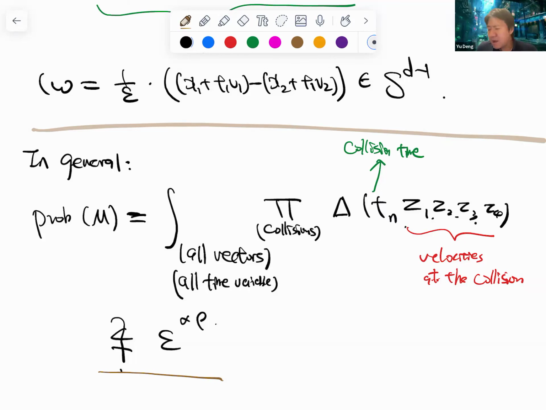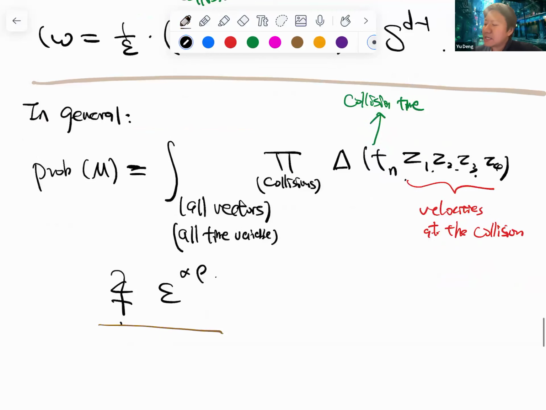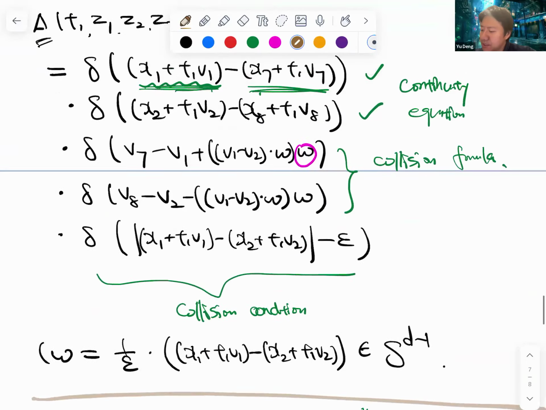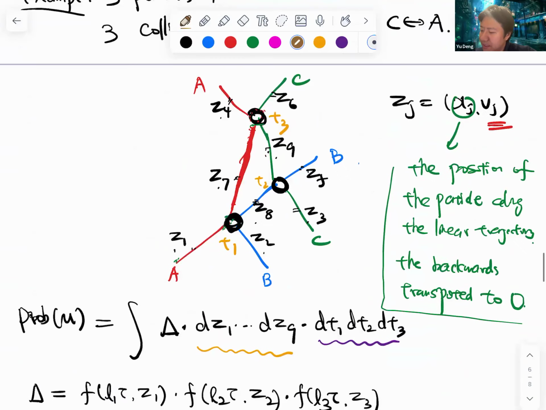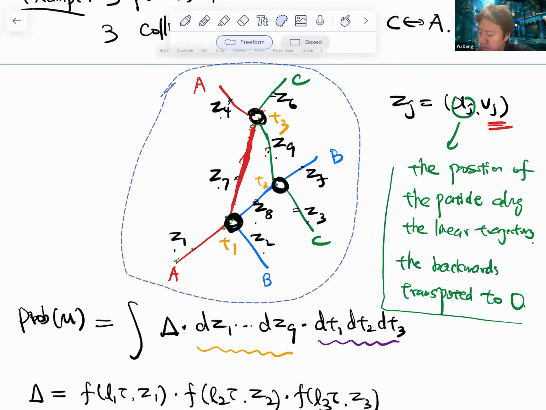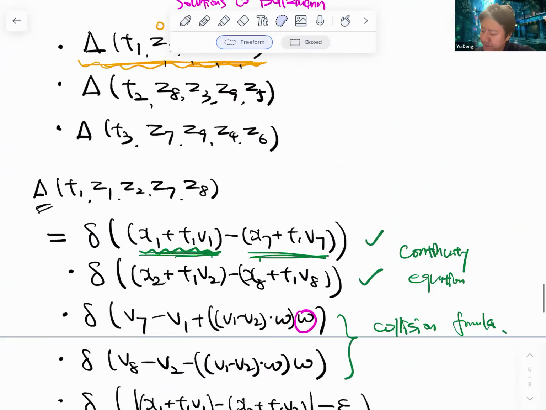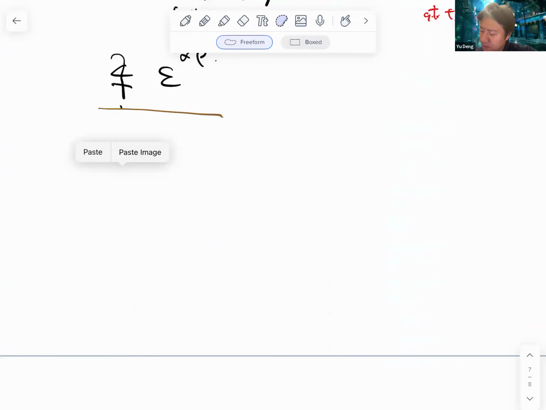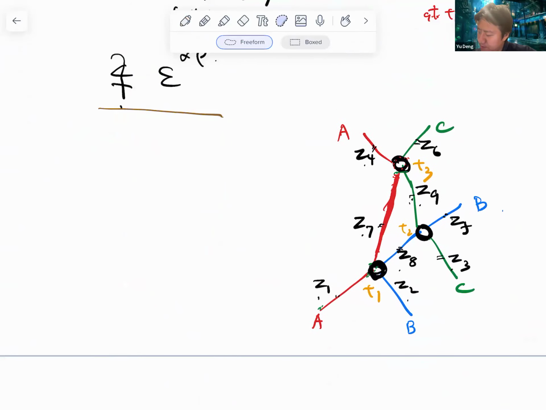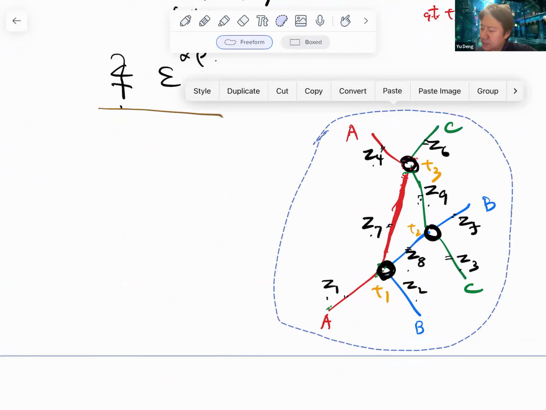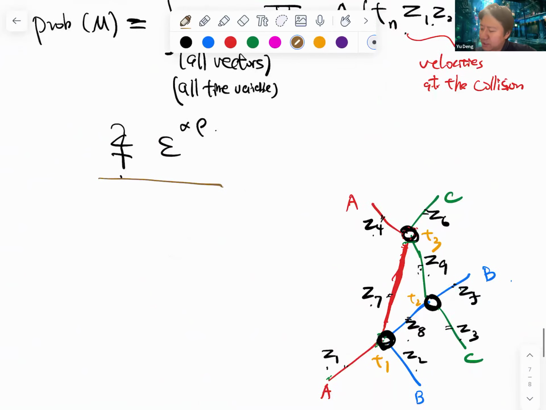So let's study how to analyze this integral. With so many variables, so many delta functions. So again, let's examine this picture. And then let's look at this integral here.